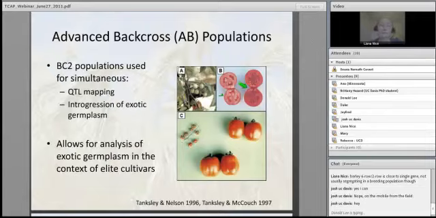Also, a small berry crossed to a normal berry has led to even larger, more desirable berries. So there are cases where desirable traits have been found in wild germplasm and have been brought in through this advanced backcross scheme.